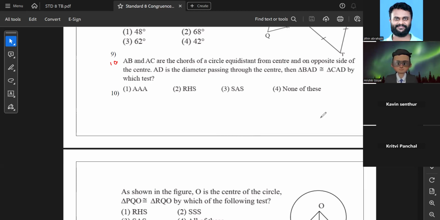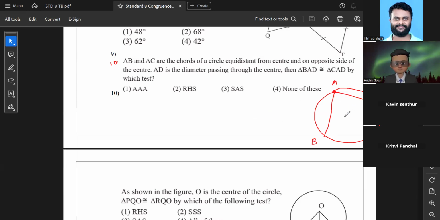For example, there should be a circle first of all. Now AB and AC are the chords, meaning both will start with A. Let me say AB is one chord like this, and AC is another chord like this.